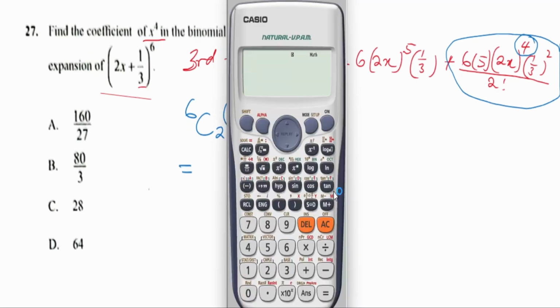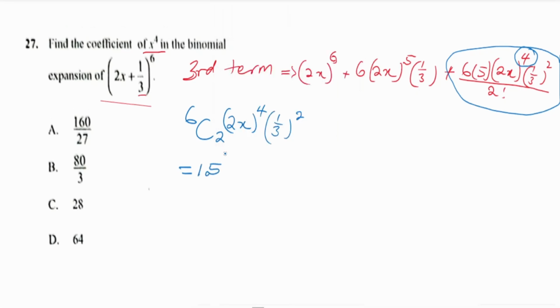So we first put 6 combination 2. So 6, shift, then division for combination, and then 2, which equals 15. So I write my 15 here. Then 2 exponent 4 is 16, so I write 16 x exponent 4. Then 1 over 3 squared is 1 over 9.